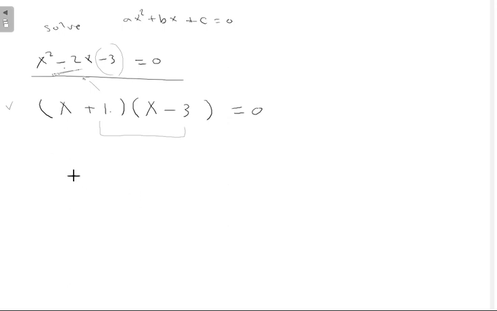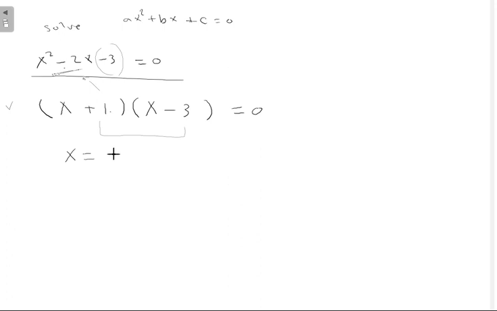So this step is check. Now I will set each factor equals to 0. The zero product property states that if I have two factors, multiplication of two factors equals to 0, either the first one is 0 or the second one is 0.